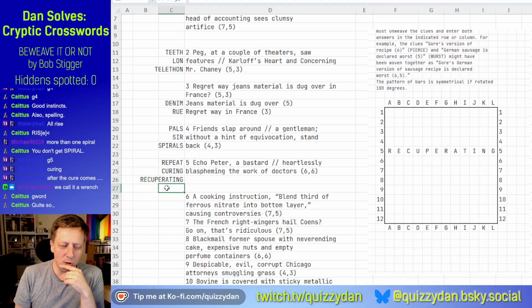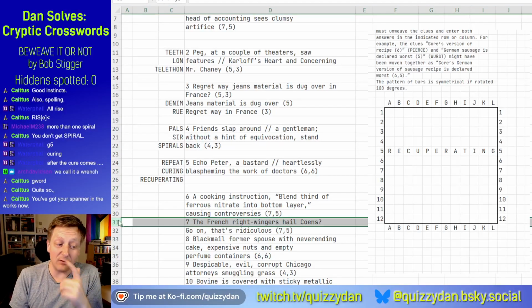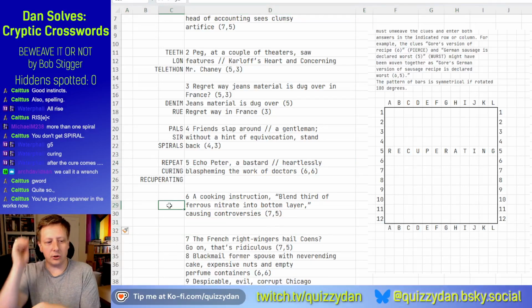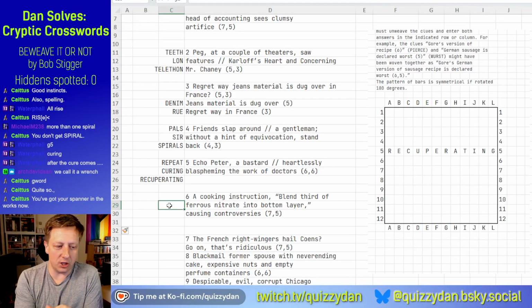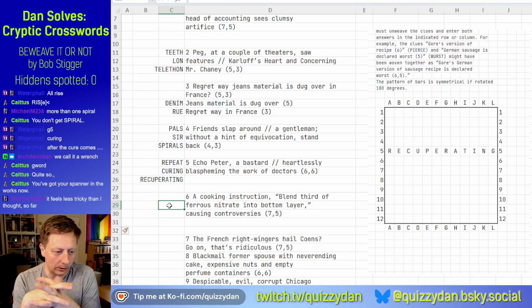Okay. I'm enjoying this crossword more than I thought based on the preamble, I will say. But then I haven't got stuck yet. I got stuck on one across, sure. But, interesting. A cooking instruction. Blend third of ferrous nitrate into bottom layer, causing controversies. Yes, right. Well, this feels like a weaved clue.